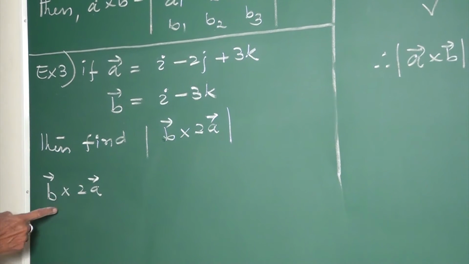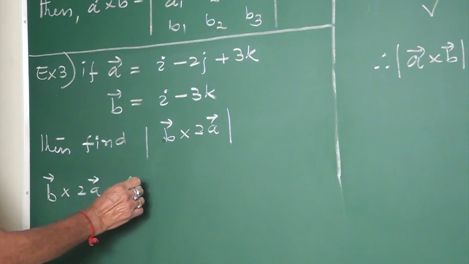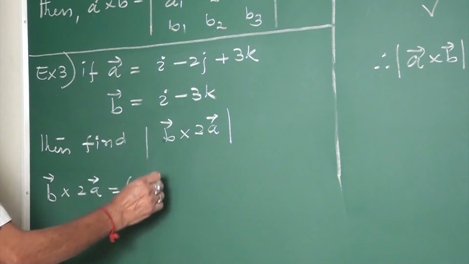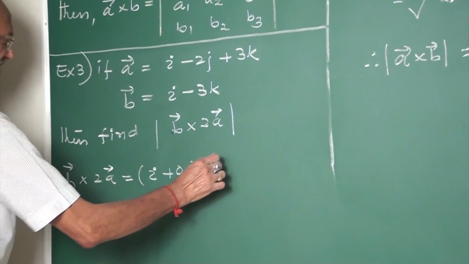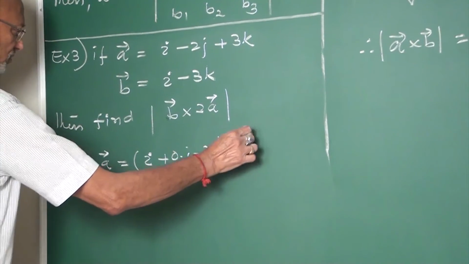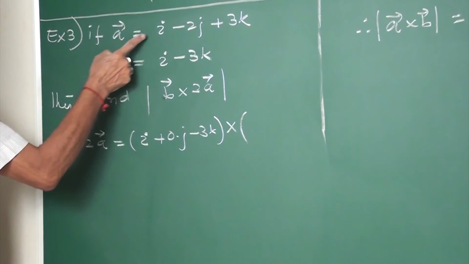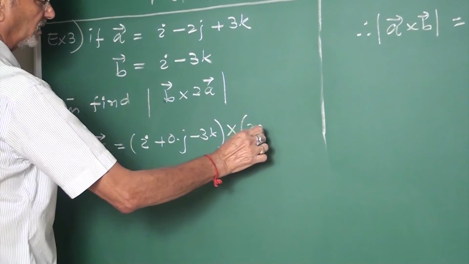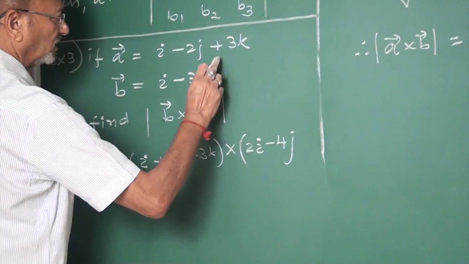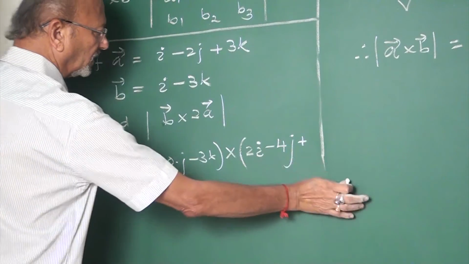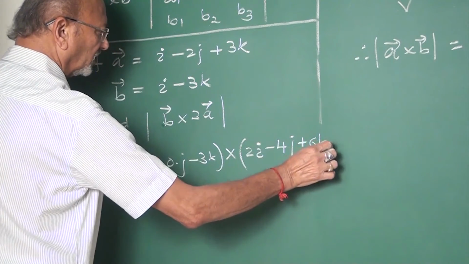Either you write these two separately, like this. B is i, no j, 0 into j, minus 3k, cross 2A, or multiply this vector by 2: 2i minus 4j plus 6k.